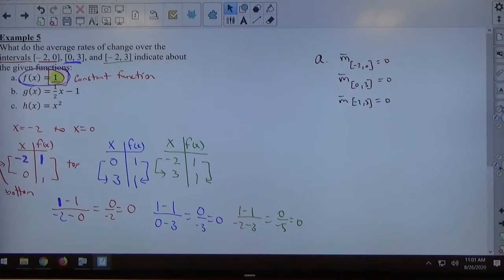We're not necessarily finding the slope of the equation, we're finding the slope from this point to that point. Sometimes the curves do weird things and it's not really a slope of the curve itself. All right?